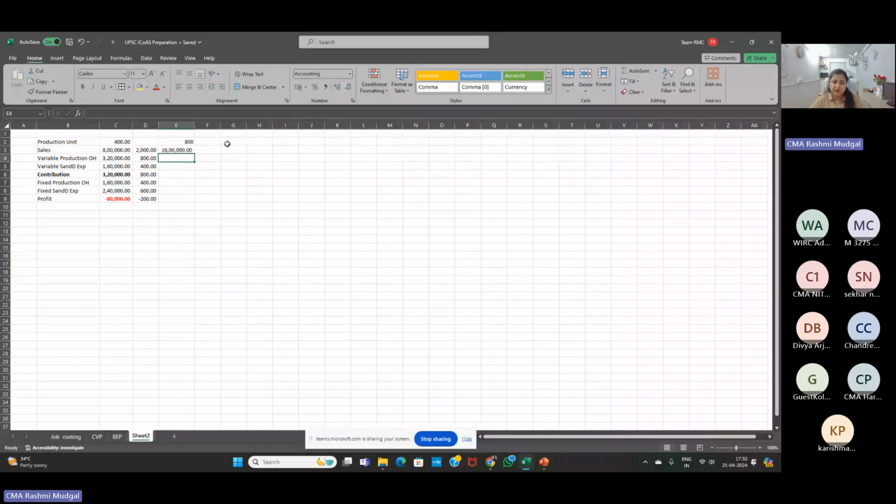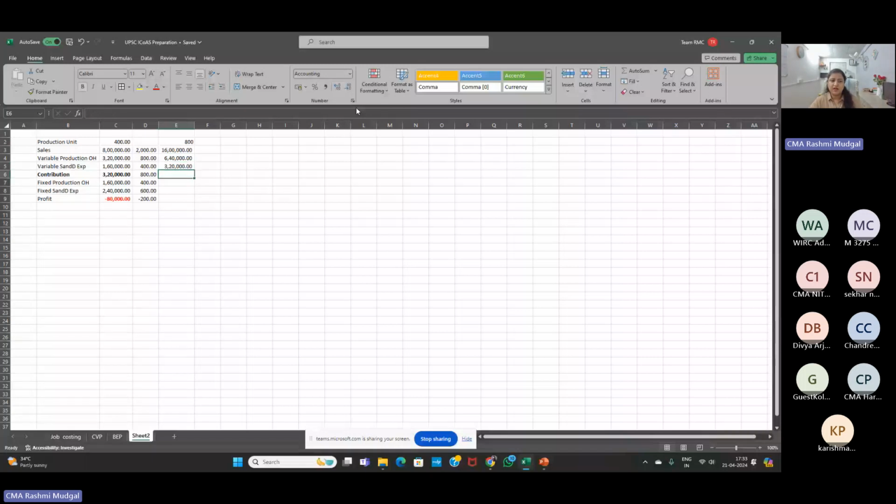In this scenario, variable production overheads will also increase by double, because obviously if I increase production, I need to increase variable cost. Similarly, selling and distribution expense will increase by the same.